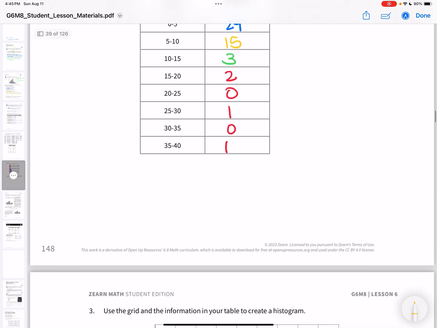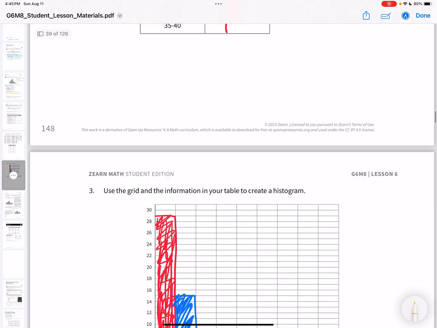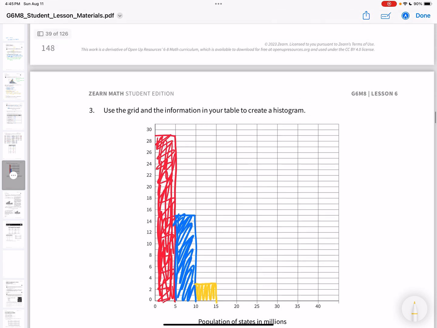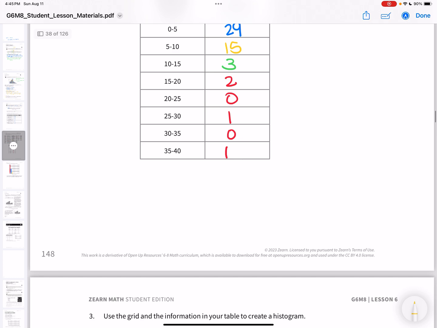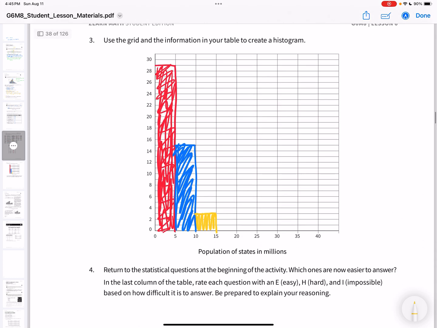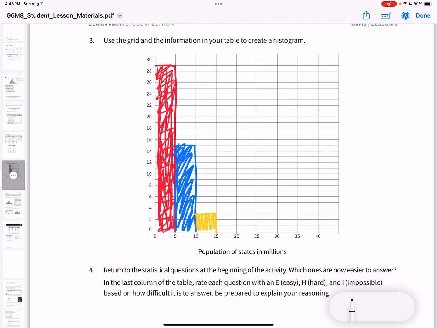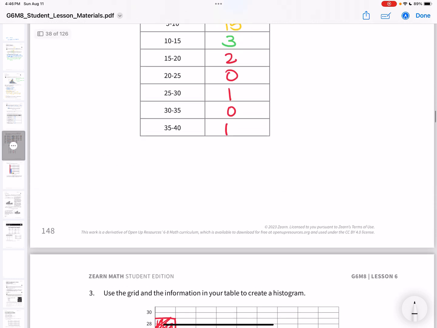All right. 10 to 15 is 3. 15 to 20 is 2. 20 to 25 is 0.